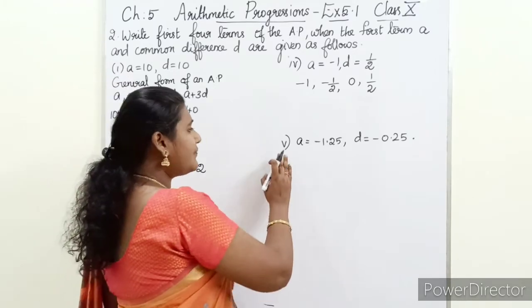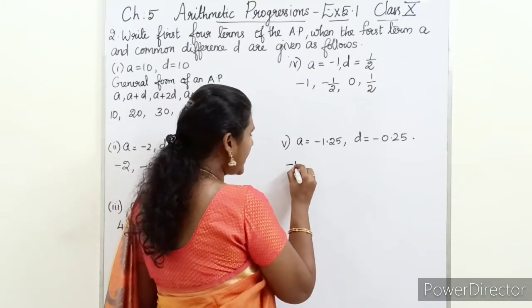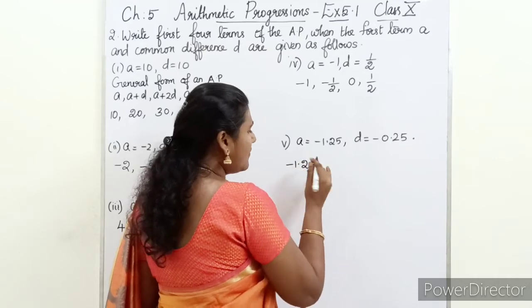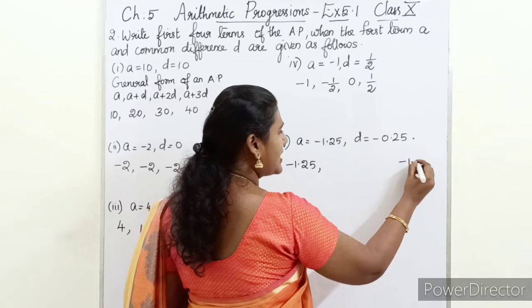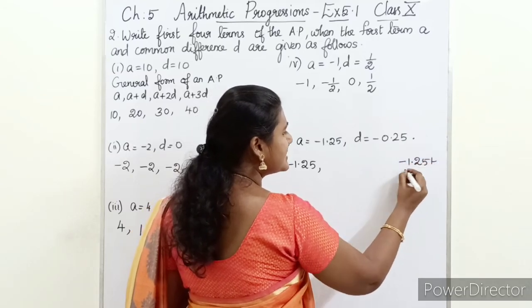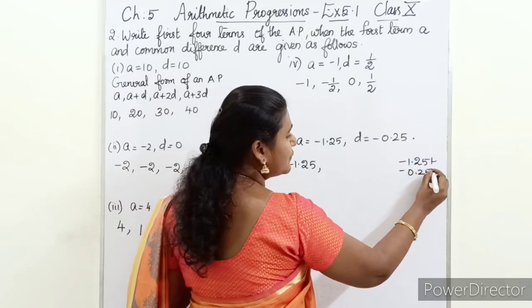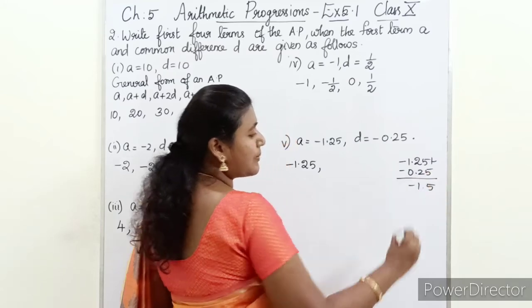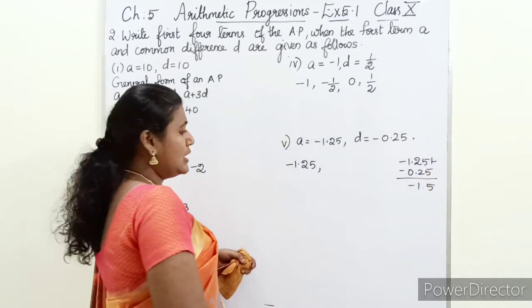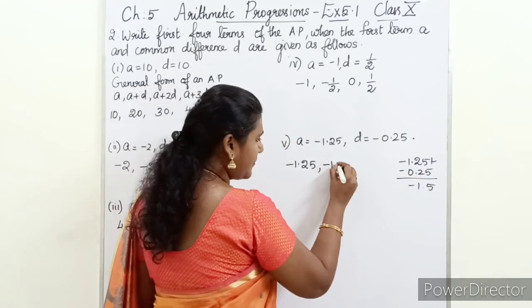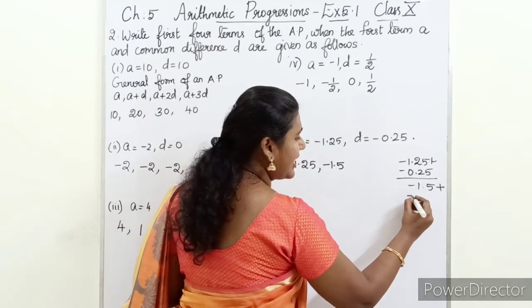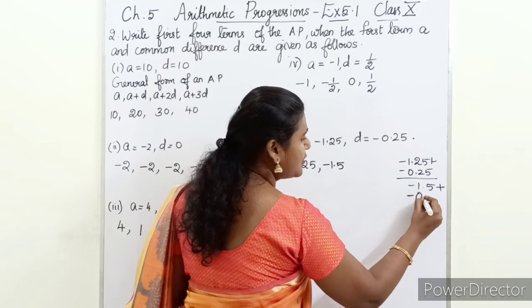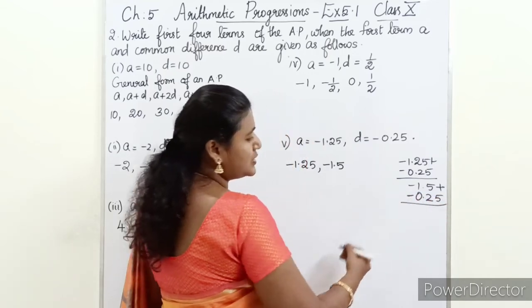Now the fifth question. Here A is minus 1.25. With this we have to add minus 0.25. So minus 1.25 plus minus 0.25. When you add, what answer will you get? Minus 1.5. So the second term is minus 1.5. How will you get the third term? Again with the minus 1.5 you have to add minus 0.25.